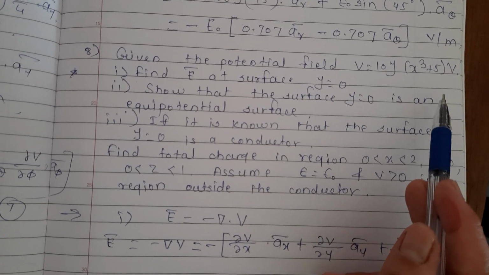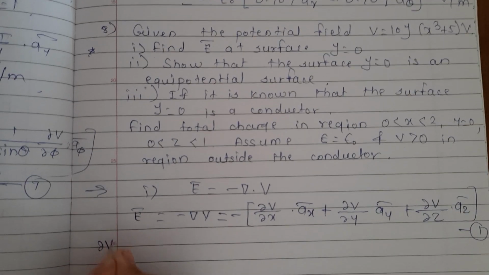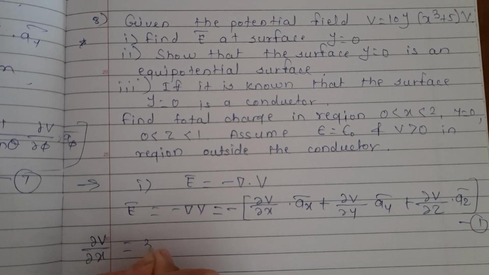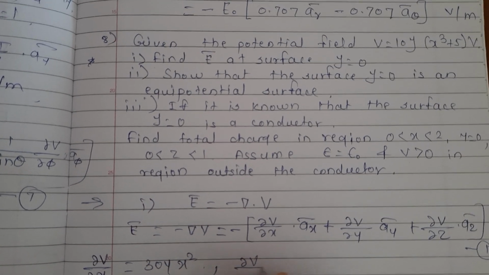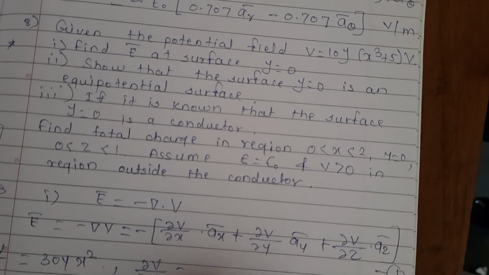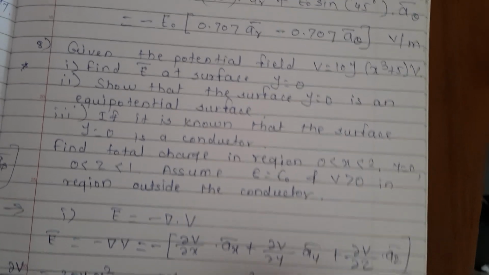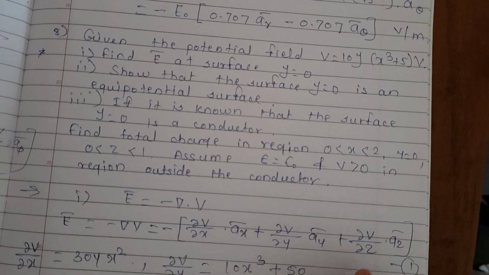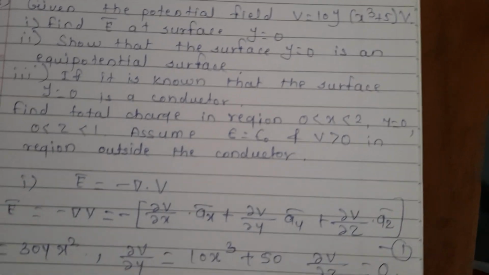So differentiate this equation with respect to x, y and z separately. We get dV by dx is equal to 30y x square, dV by dy is equal to 10x cube plus 50, and dV by dz, the z term is absent, so it is 0.